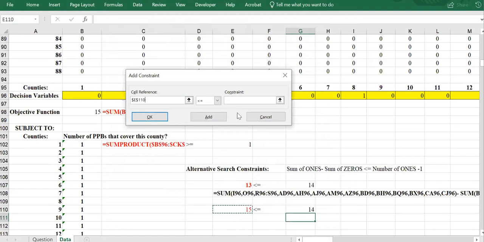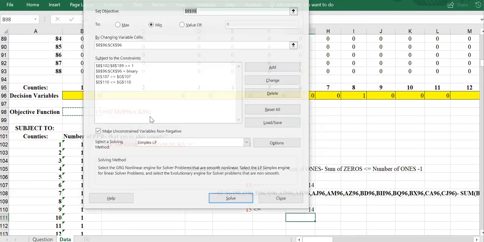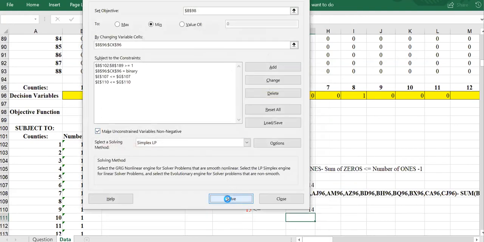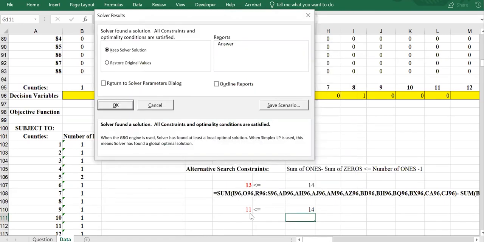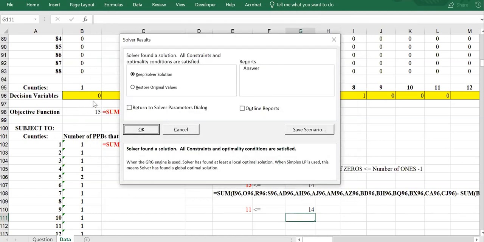I just add the new one, 14, or you just refer to 14. Okay. And then solve it again. We found a different answer. So you see it's different. You see both of these constraints are satisfied now. We found a different answer with the same objective function.